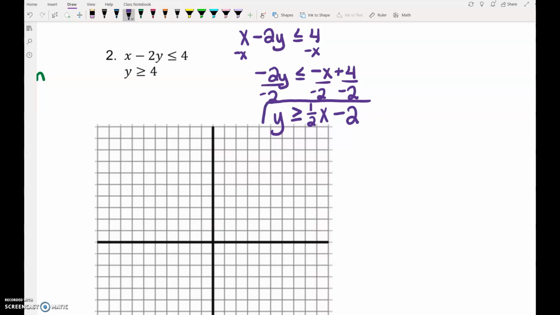So this is now the inequality that we need to graph. Start at negative 2. Our slope is 1/2. Up 1 over 2.